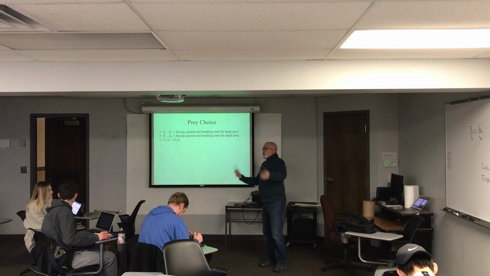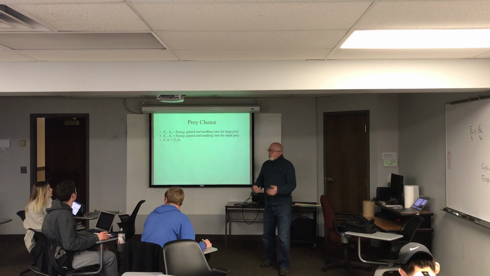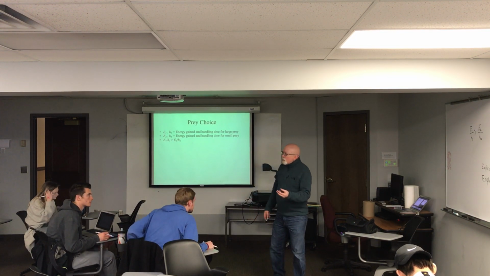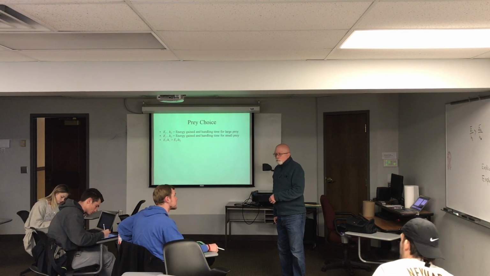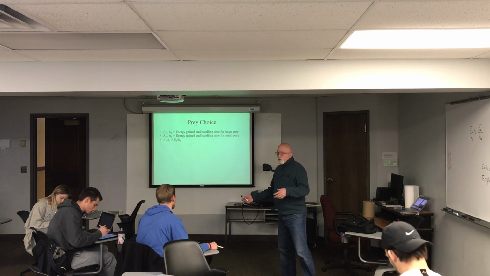You should really eat large prey all the time. And when you come into contact with small prey, what should you do? Just reject it if you have the option of large prey.